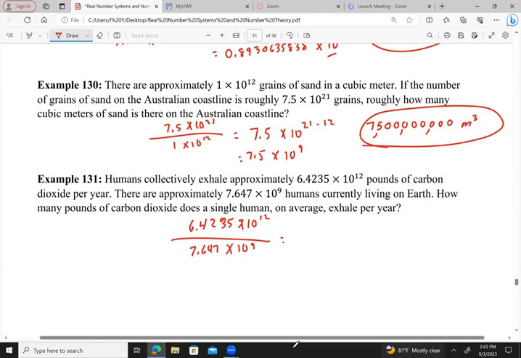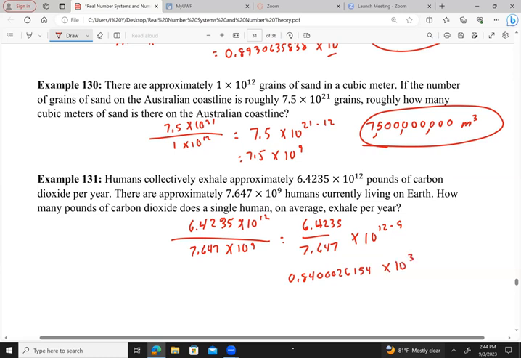So again, we're looking at 6.4235 over 7.647 times 10 to the 12 minus 9. So we look at our division. 6.4235 divided by 7.647 gives me 0.84 followed by 30,000,026,154 times 10 to the third.